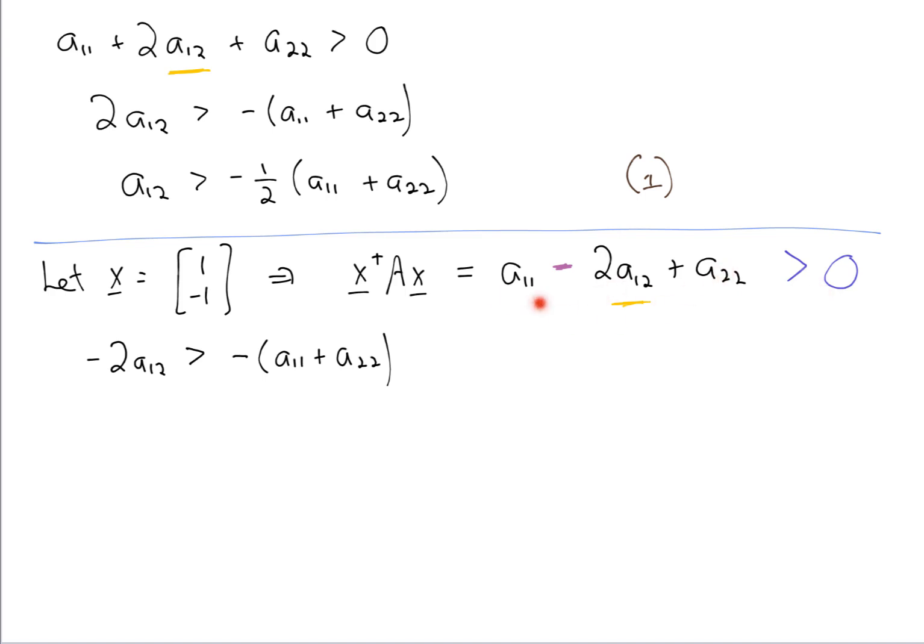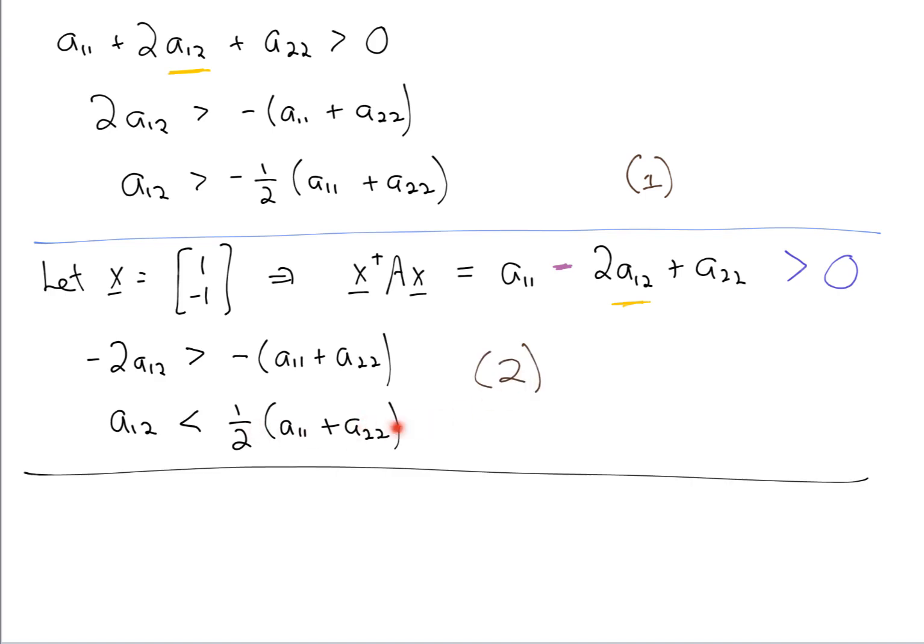So, right, take this, subtract A11, subtract A22. But now we multiply both sides by negative 1/2. And that gives us A12 on the left and a positive 1/2 on the right. But remember that the inequality reverses when we multiply it by a negative number. We can call this inequality 2. And then we can combine inequalities 1 and 2 in the following way.